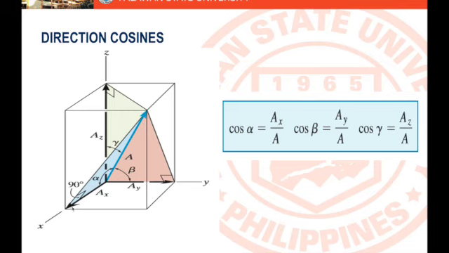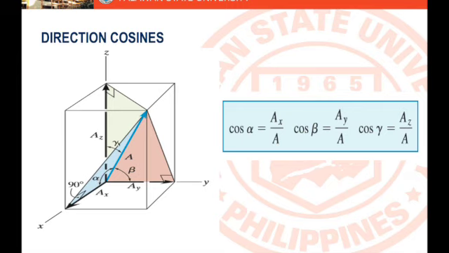Okay, so for the blue one, if you draw a line from the arrowhead of our vector to the arrowhead of the x component, that would give you a 90 degrees angle. So we are having right triangles. Okay, so what does that mean? It means that we can use trigonometry to determine these angles, so-called direction cosines.